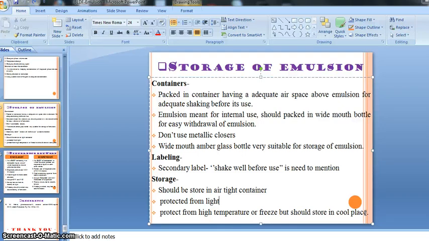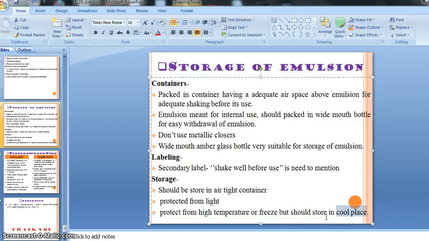That's why the preparation should be protected from high temperature or freezing temperature, but stored in a cool place. A cool place is not 25, it is 15 to 25. This is the cool temperature at which we should keep our preparation, right?